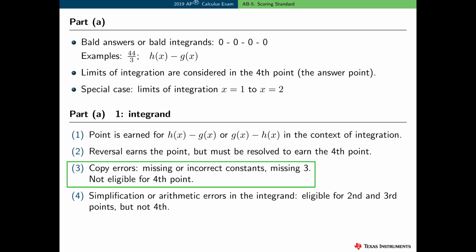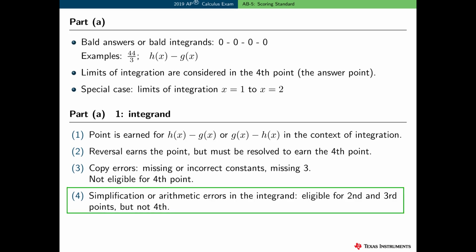If the student made a copy error consisting of a missing or incorrect constant, they are not eligible for the fourth point, and the only allowable copy error in the cosine term is a missing 3. If the student made any simplification or arithmetic errors after earning the integrand point, they are still eligible for the second and the third point, but not the fourth.